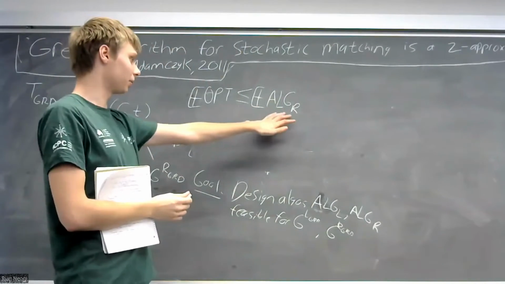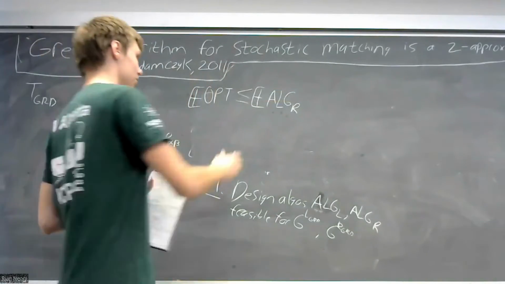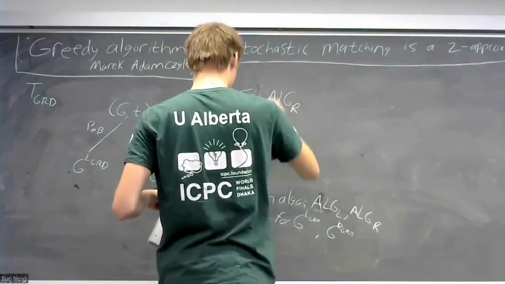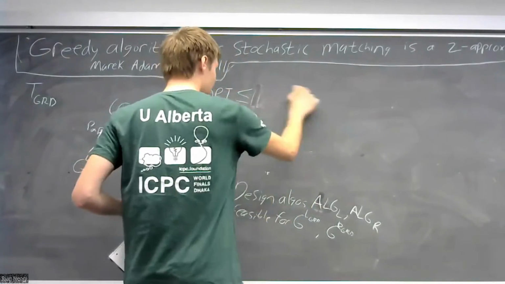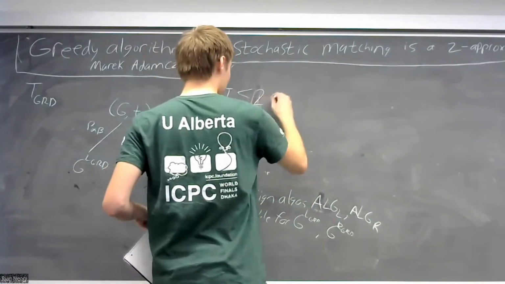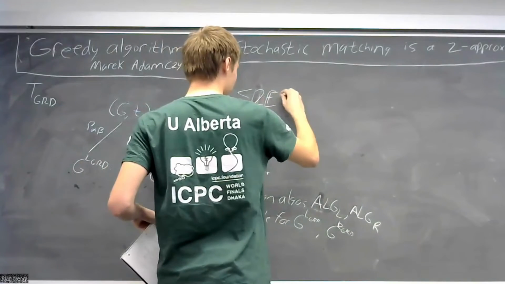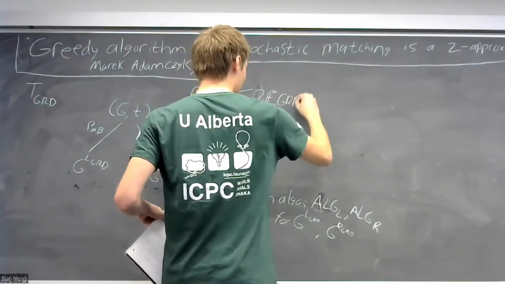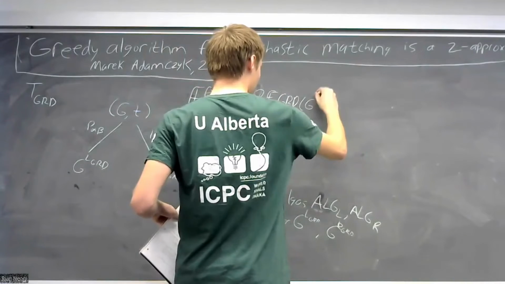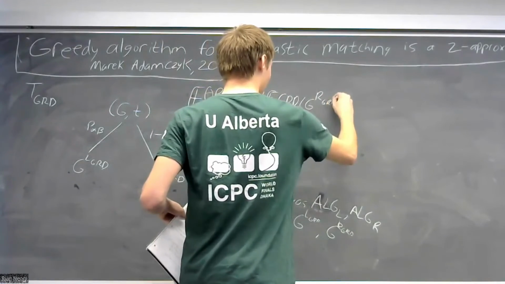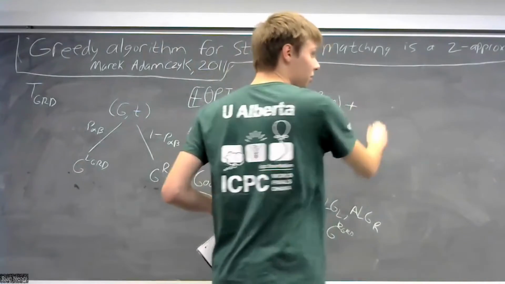And we saw above, now this is feasible on the right subtree, so this is actually less than or equal to 2 times the expected value of greedy on the right subtree, plus our error term.